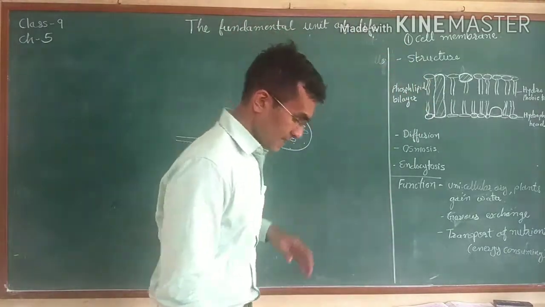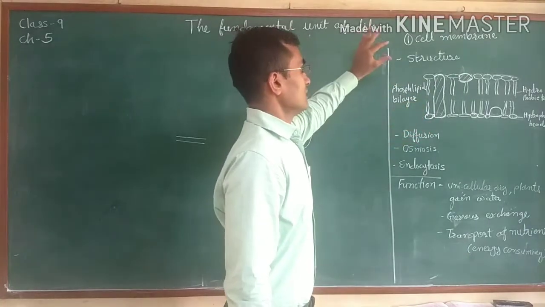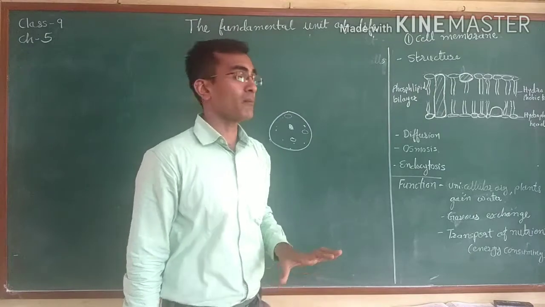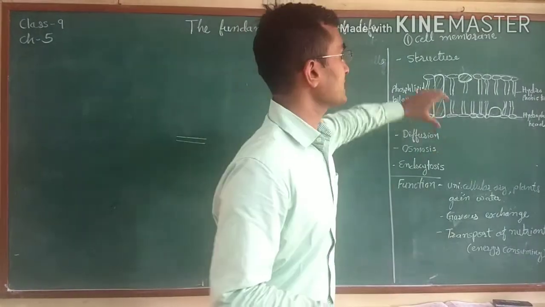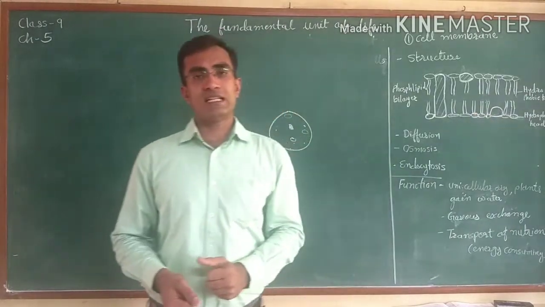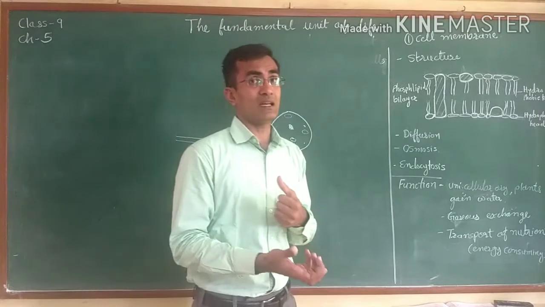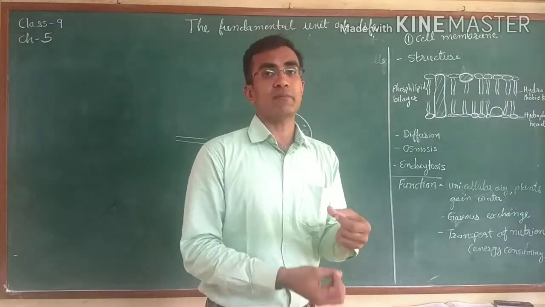As I have said, this cell membrane is a bilayer, and each layer is made up of phospholipid. That is why it is called the phospholipid bilayer. Within the phospholipid, a lipid is bonded with a phosphate group.